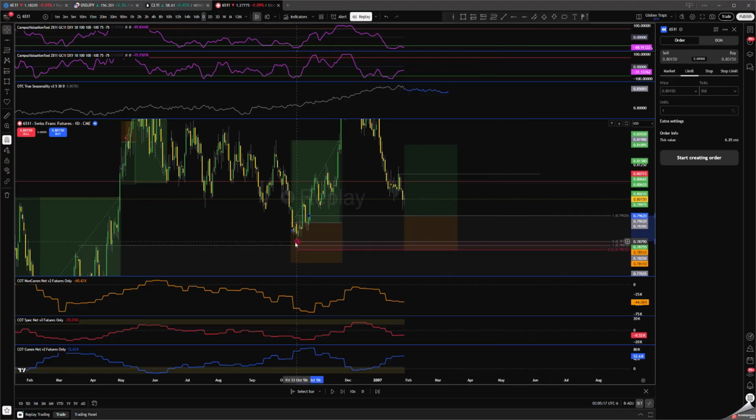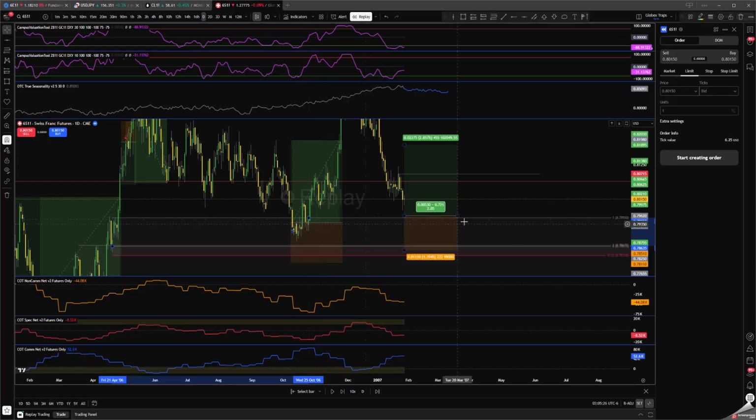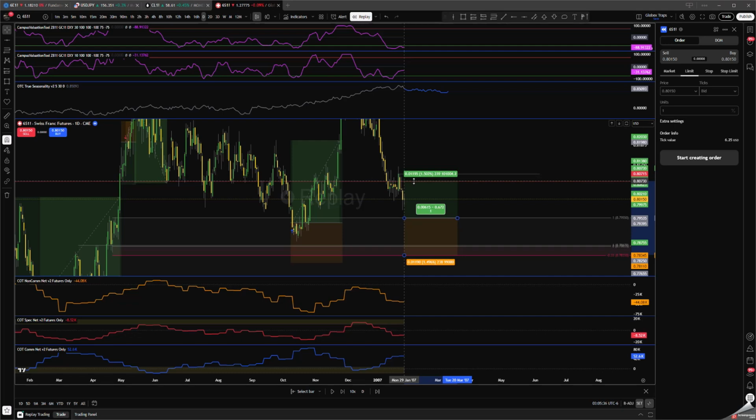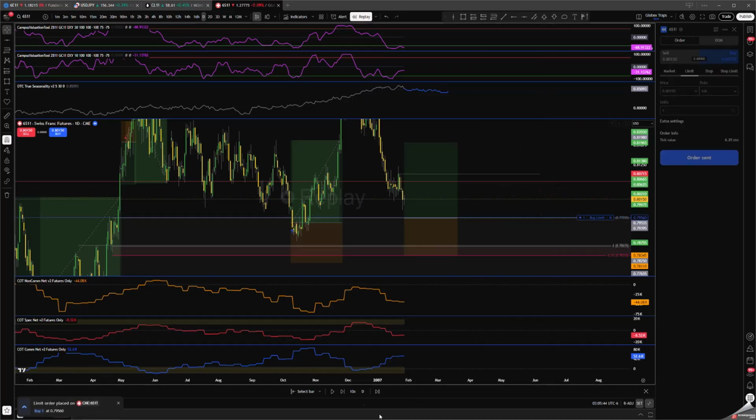I would like to cover this pivot and time it like this. One to one is still the same. Here, buy limit. Let's see if we get filled or not.